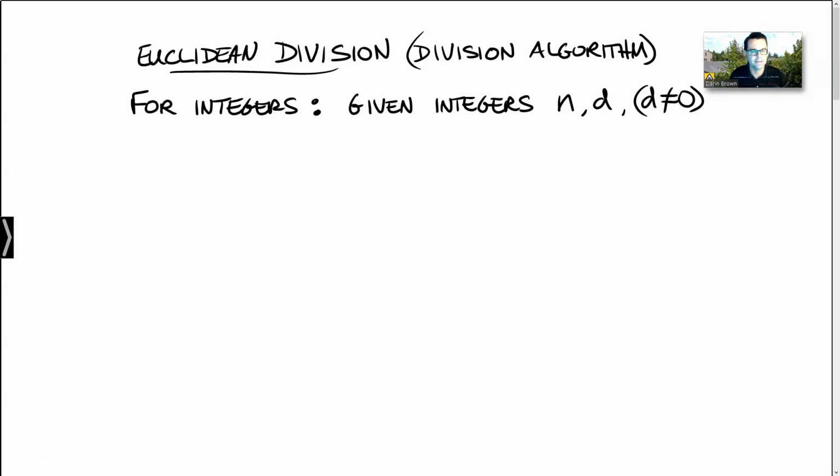We're going to divide d into n. So given any integers n and d where d is not 0, and actually, let me specify even further so that d is positive. You can divide a negative number into it, but I want to restrict to a simpler case, just for simplicity's sake.